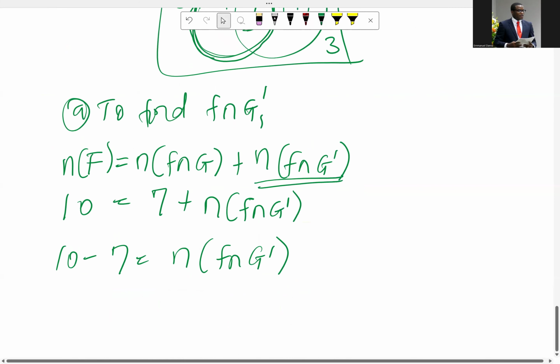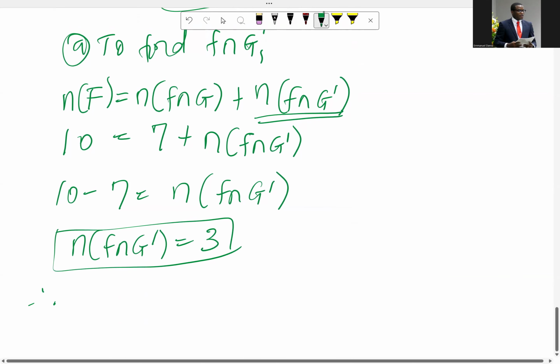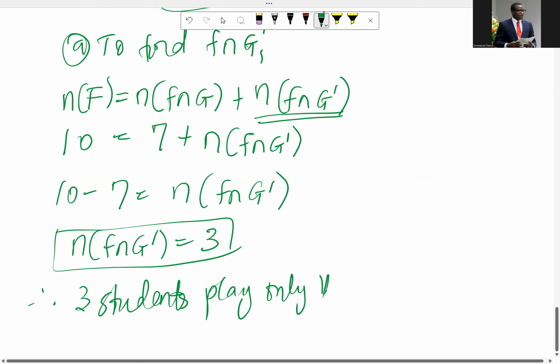So meaning that the cardinality of F intersection G prime is the same thing as 3. Okay, it's 3. Therefore, let me save that space, I can use it for the second question. So you can say, therefore, 3 students play only the flute.